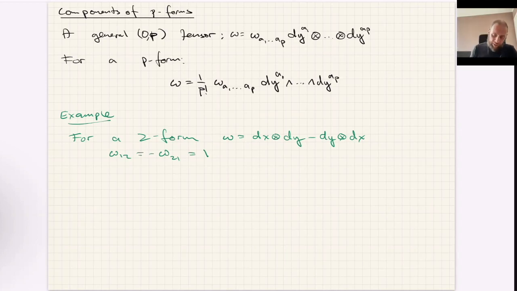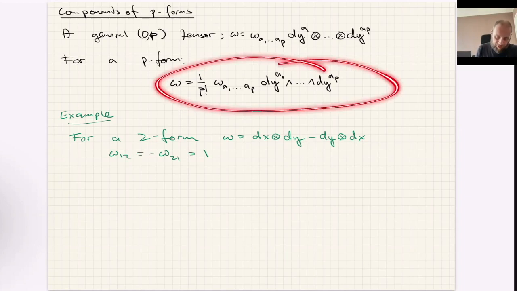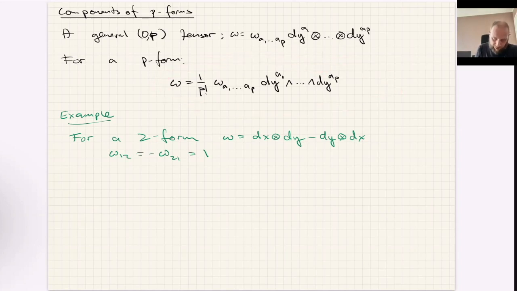If I write it down now using this expression, we'll see that it makes sense. Omega would be 1 over 2, because 2 factorial is 2, omega AB dya wedge dyb, and then I can perform the sum over A and B.